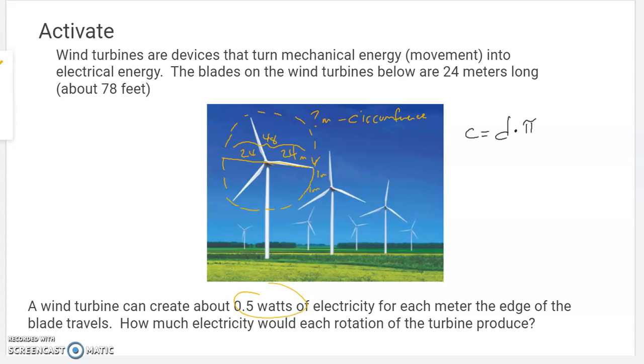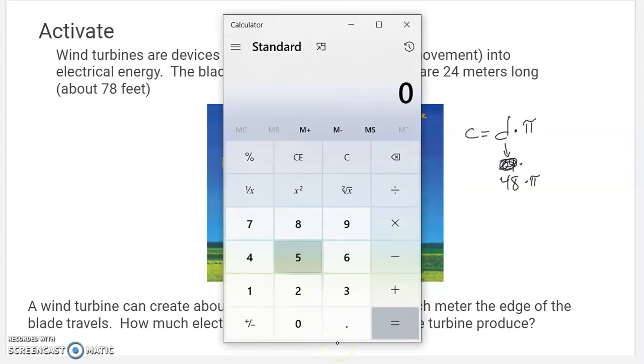Now I'm ready to find the circumference. Since the diameter is 48 meters, as I just found, I can multiply that by pi, and I'll know the circumference. I'll know how far around it goes in one trip. So let's find that. 48 times, I'm just going to approximate it, 3.14.